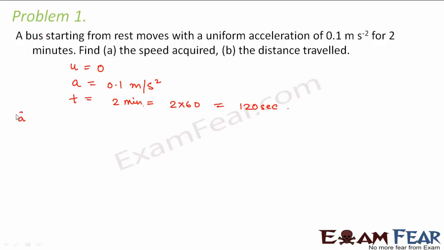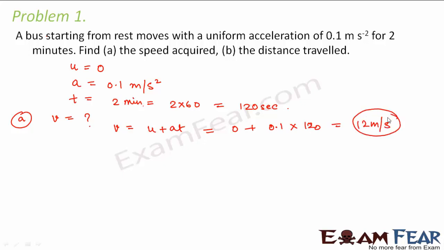So we have to calculate in the first part the speed acquired, that is we have to calculate v. So from the first kinematic equation, v is equal to u plus at, so that is equal to 0 plus 0.1 into 120. So this comes out to be 12 meter per second. So this is the speed acquired. In the second part, it asks us to calculate the distance traveled, that is s.